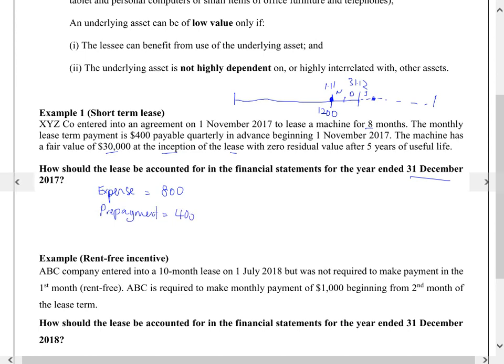So recognize expenses. No need to recognize asset, no need to recognize liability. Straightforward. Okay.